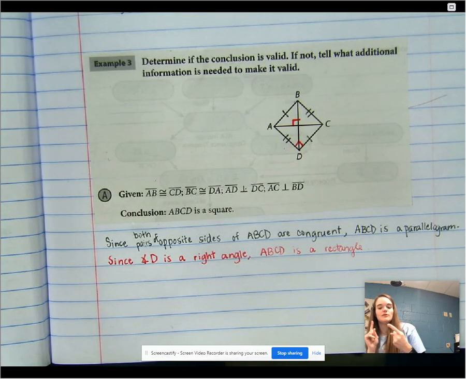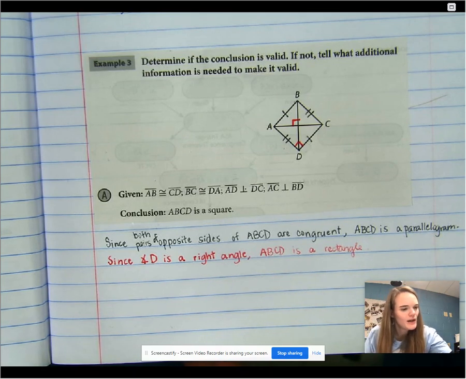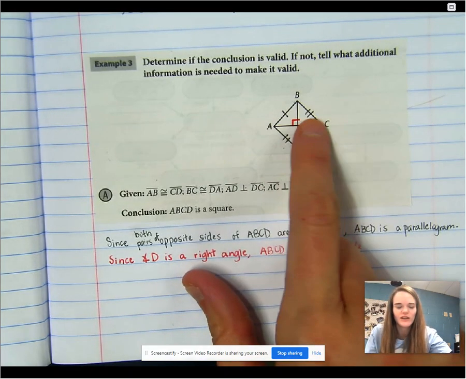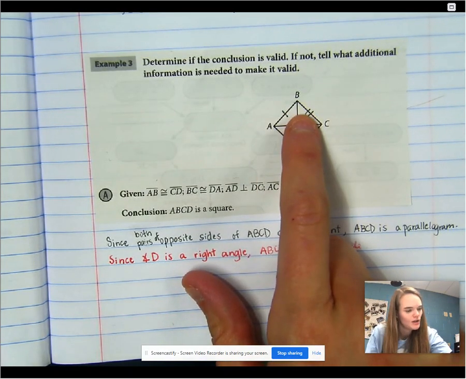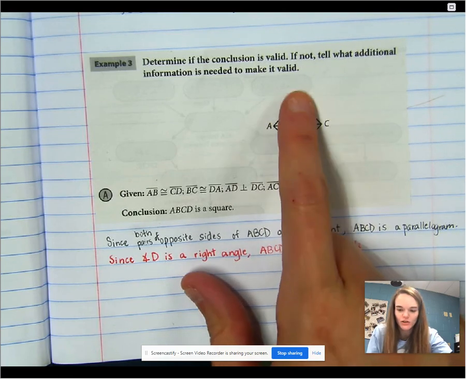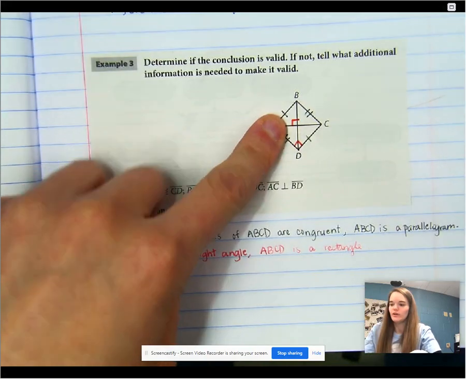Okay, it's a parallelogram, it's a rectangle, is it a rhombus? Let's see. Number 1, if one pair of consecutive sides of a parallelogram are congruent, we don't have consecutive sides congruent. Number 2, if the diagonals of a parallelogram are perpendicular, the diagonals are perpendicular. There's our rhombus.